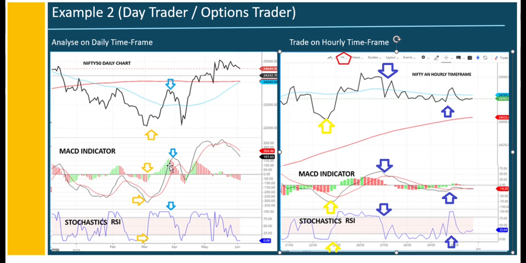Stochastic and MACD are showing negative signs now, turning from green to red, and MACD is dropping. Whereas stochastic RSI is now coming off the 80s and showing a sign of weakness and falling towards overbought.